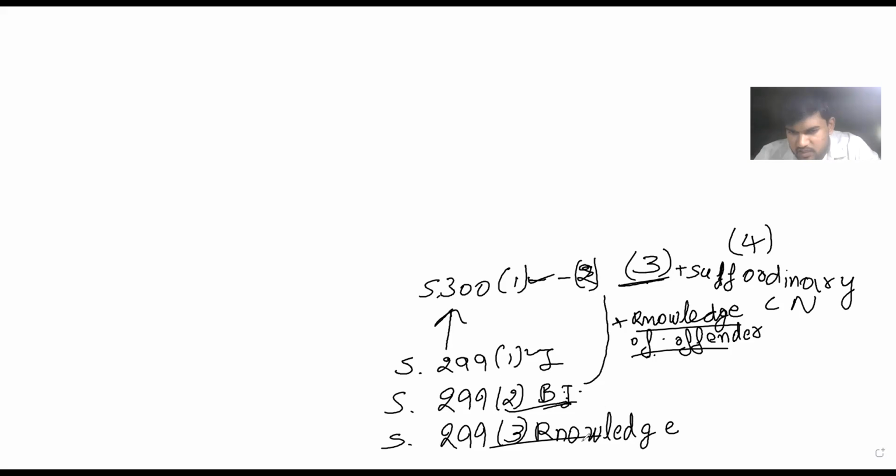Once this is proved, then if the act is so imminently dangerous that in all probability it will cause death, then it is 304.